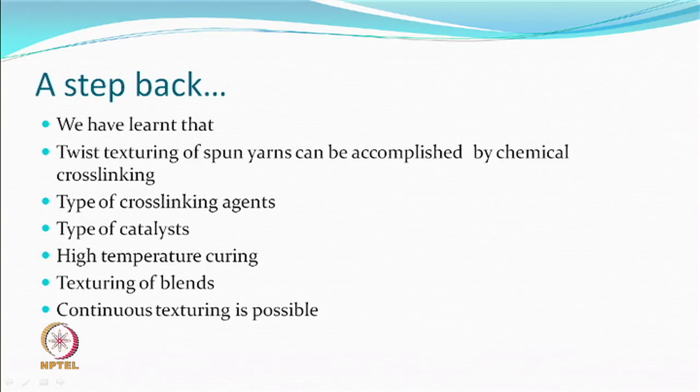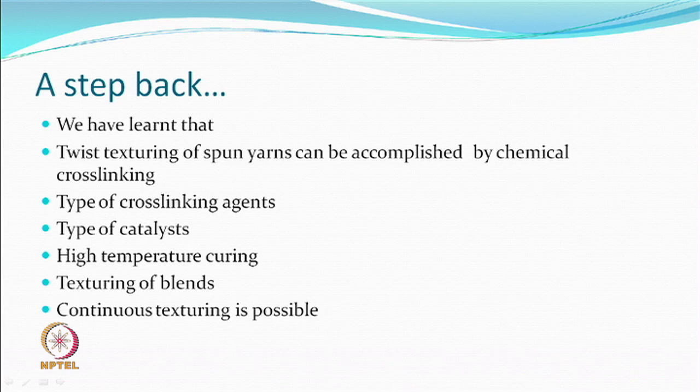In the last lecture we learned that twist texturing of spun yarns can be accomplished by chemical cross-linking, which means you have a cross-linking agent and then you do some chemical reactions under a certain temperature and time conditions. It also means you have a specific type of bifunctional cross-linking agents, and you need some catalysis so that the reaction can take place at a reasonable temperature so that degradation of the fiber does not take place.